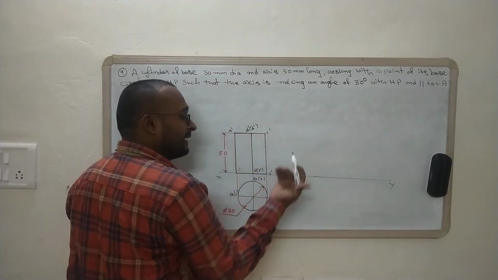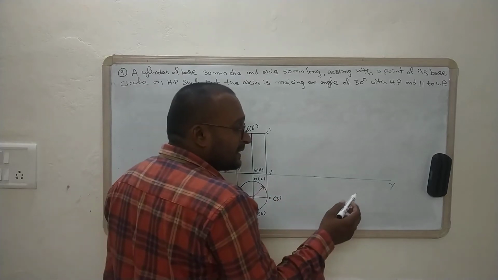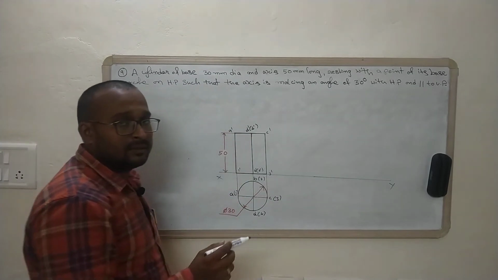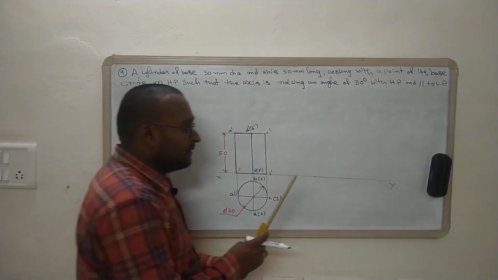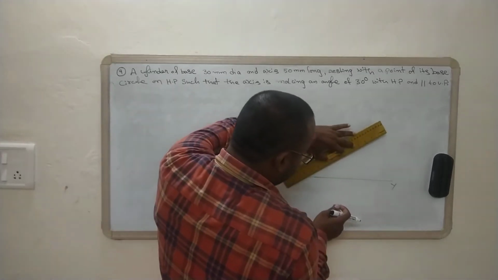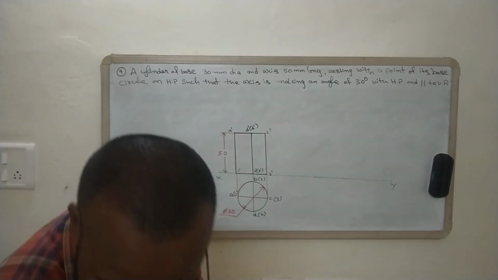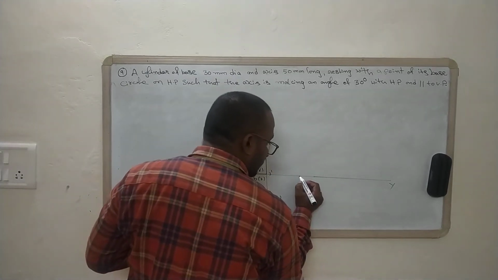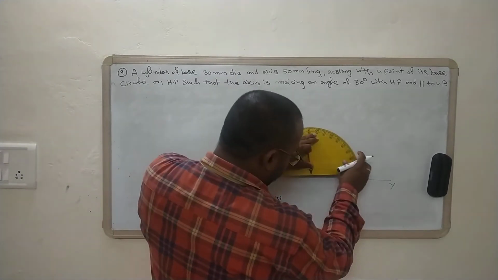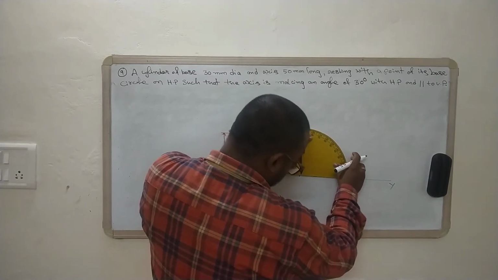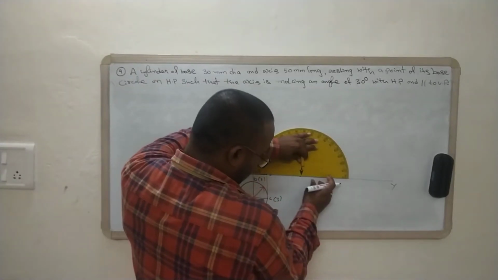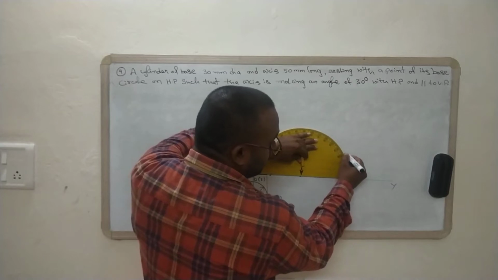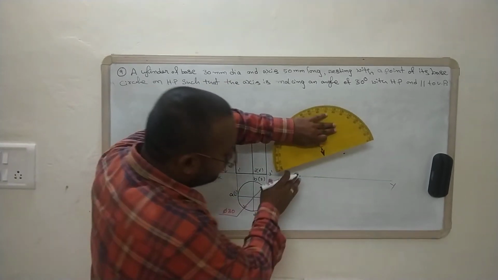but it should be 30 degrees inclination with the XY line. So now we have to construct the 30 degrees inclination line. Take any one point on it and then mark the 30 degrees inclined line, 30 degrees to the ground.